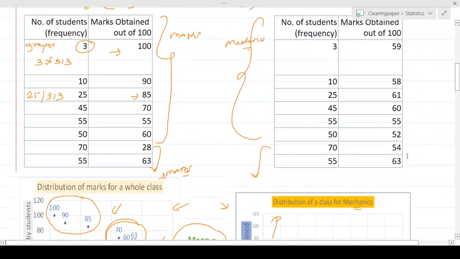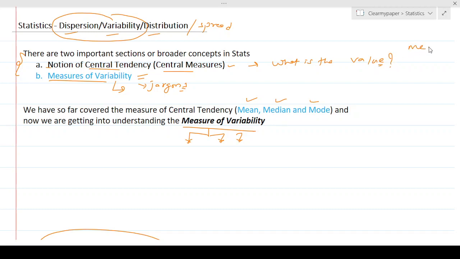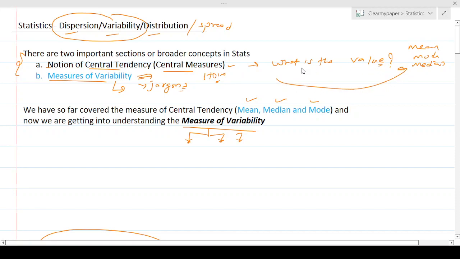Typically, in part A, when we spoke about central tendency and the central measures, it talks about what the exact value is, what the mean is. So part A defines the what, and part B, in terms of measuring variability, talks about how the values are distributed with respect to the central tendency. The first part is what, and the second part is how.